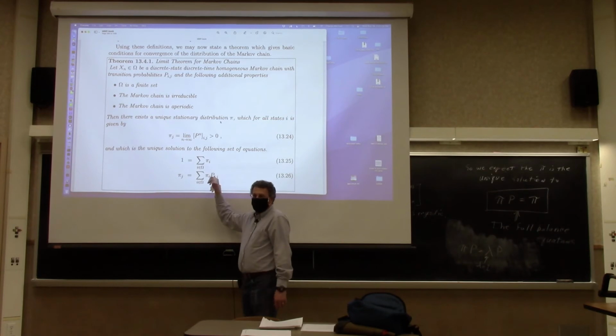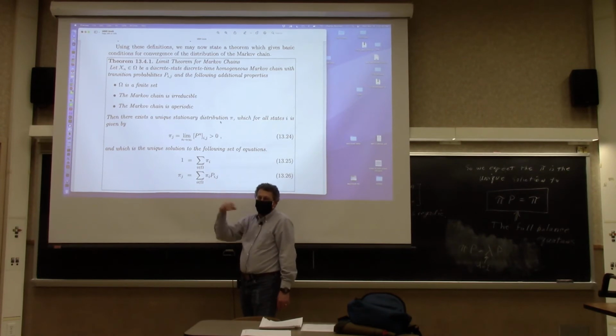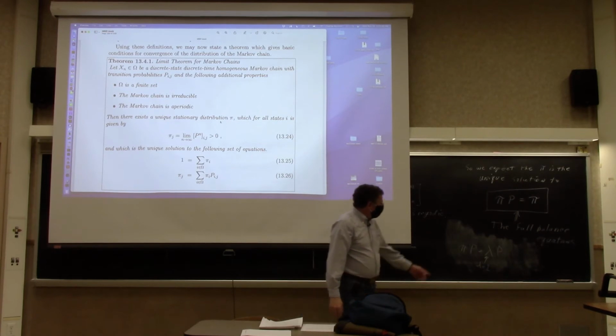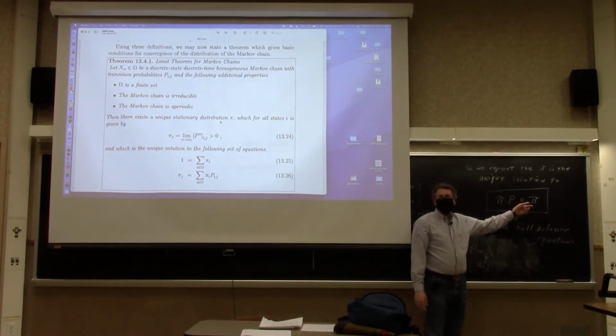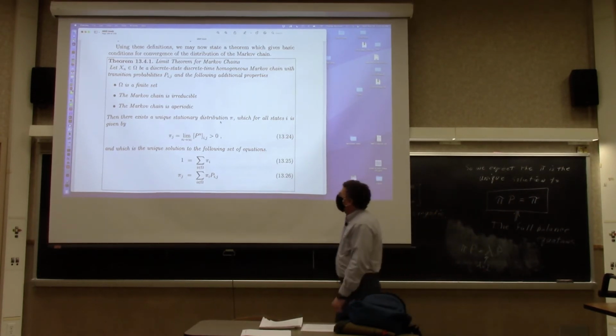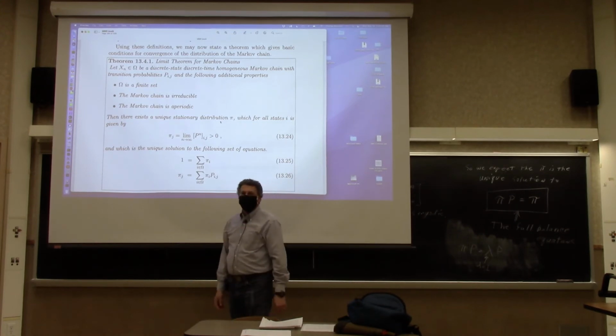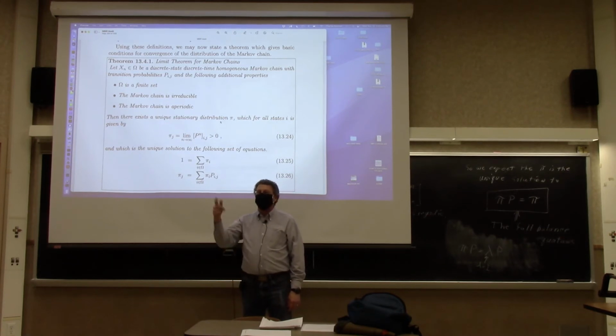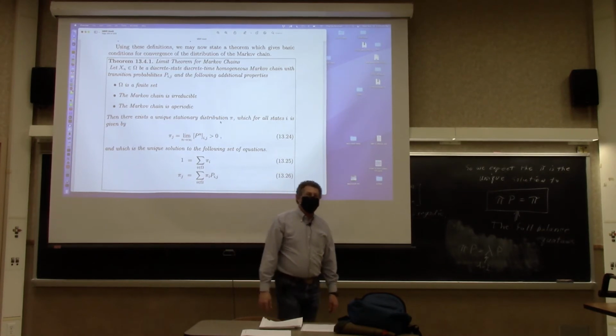Then it must have a unique eigenvector associated with an eigenvalue of 1, because that's the full balance equation. But then the question is, how do you find that eigenvector? And by the way, all the other eigenvalues have to have a magnitude bounded below 1, because when you keep multiplying by P, those eigenvalues will decay.